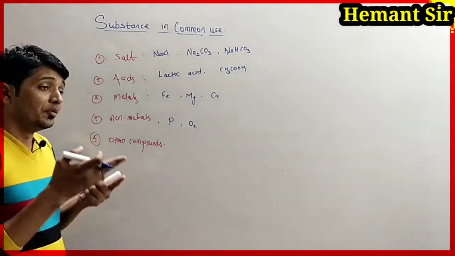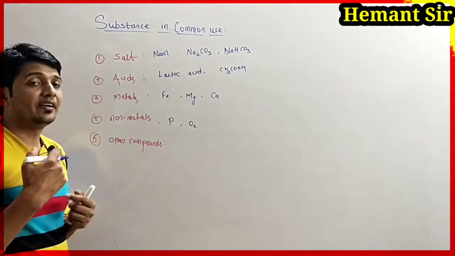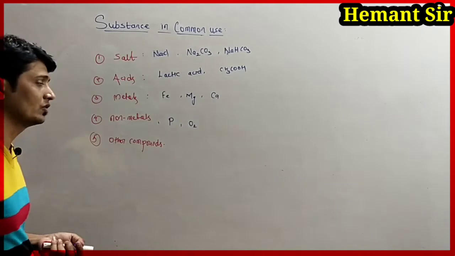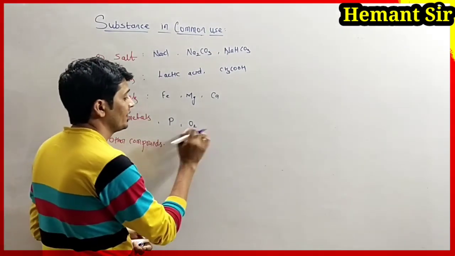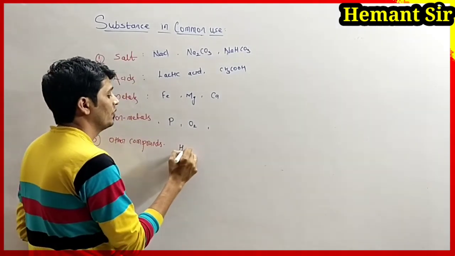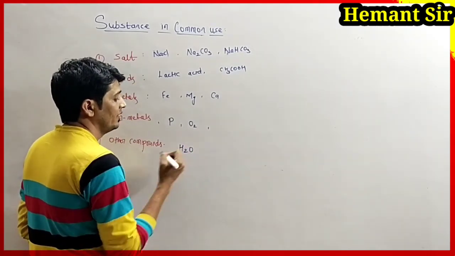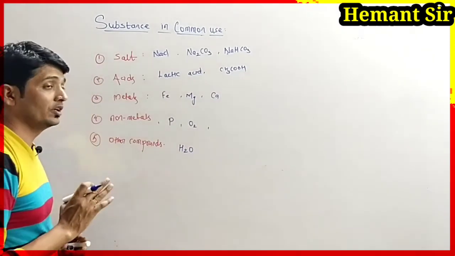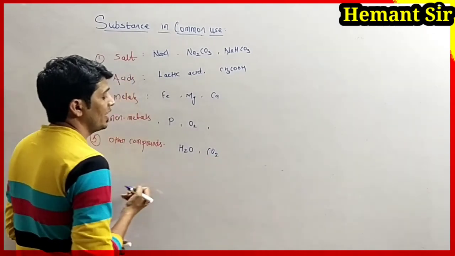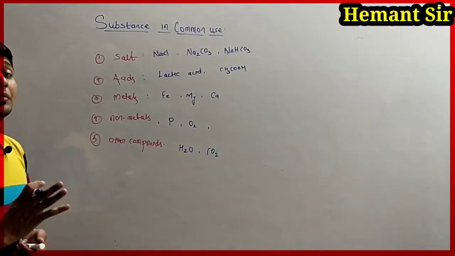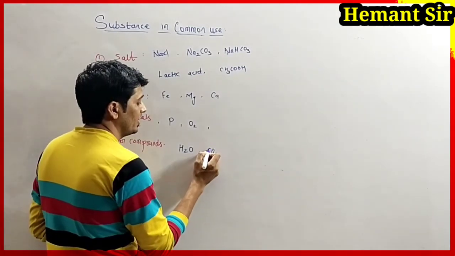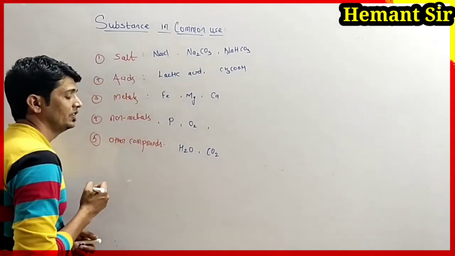We are breathing in oxygen-rich air and releasing air which is concentrated with carbon dioxide. In other compounds we have water, H2O. Again, without water life is not possible. Then carbon dioxide, which is equally important for plants, because plants use carbon dioxide for the process of photosynthesis.